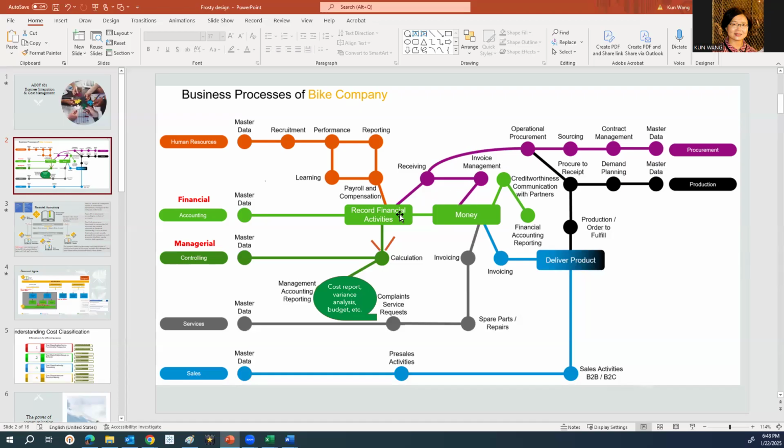They input the data in different ways and at different time points into the financial accounting system, or into the overall accounting system. For example, human resources will offer the payroll data, like compensation, into the financial accounting, which will become our payroll expenses and compensation expenses.